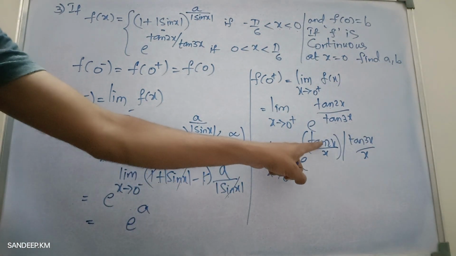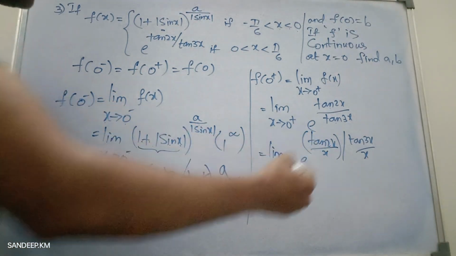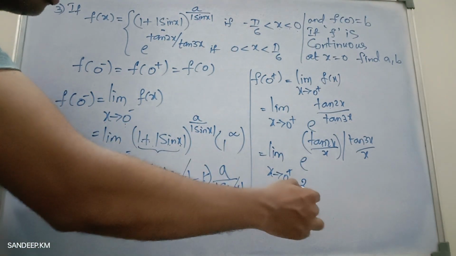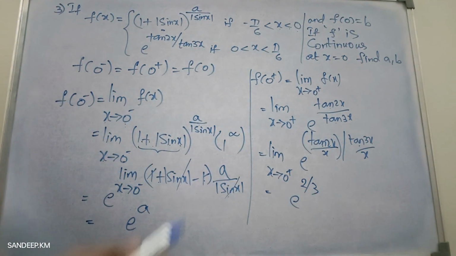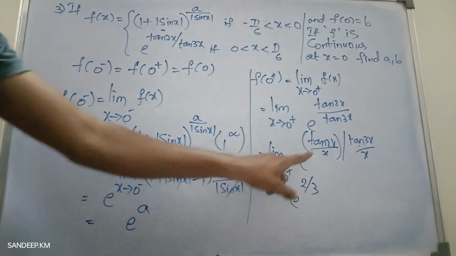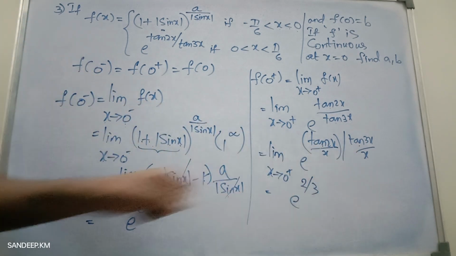Now you can apply limit here. It will be e power, limit of this particular function is 2 divided by limit of this particular function is 3, as I have given the formula already. Limit x approaches 0, tan kx by x is k only. So this will give you 2 divided by 3.